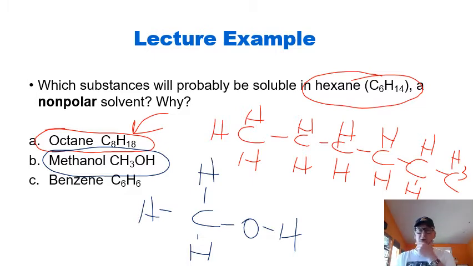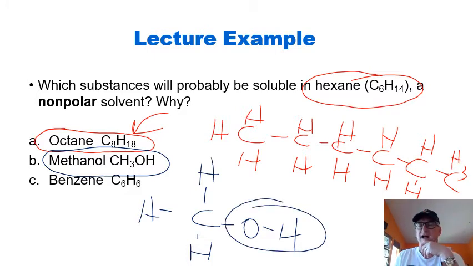So we see this is also an organic molecule because it's got carbon in it, but it has a hydroxyl group, the OH group. And so we know that when we have an oxygen that's attached covalently to a hydrogen, that can hydrogen bond.